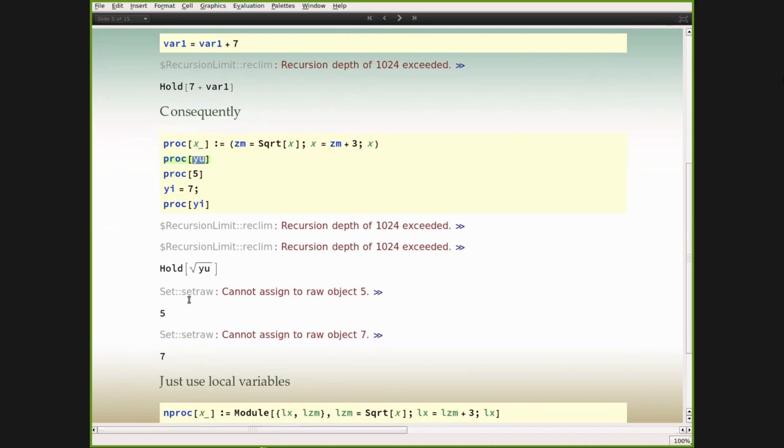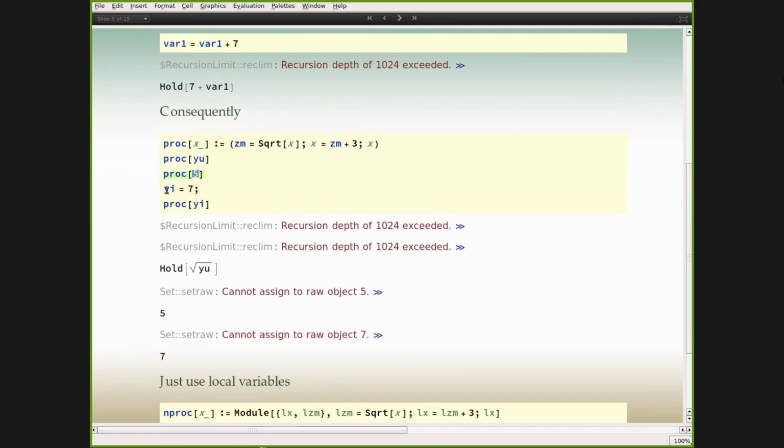When you think that you could compute this function for a numerical variable, you see that you won't be able to, because there is a substitution to what is called x, and since this is a numerical value, you cannot assign any value to 5.